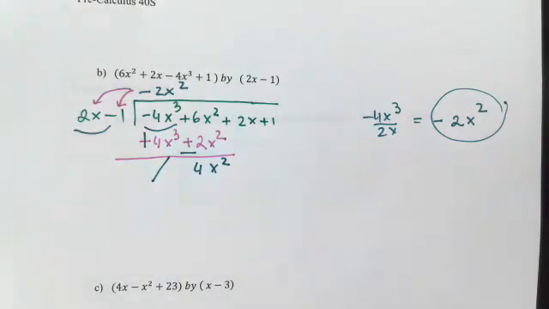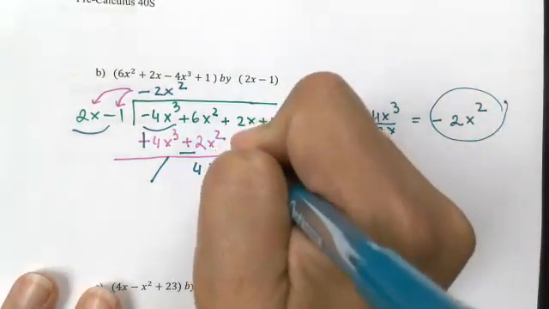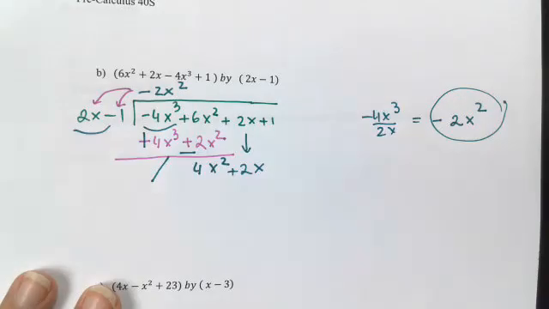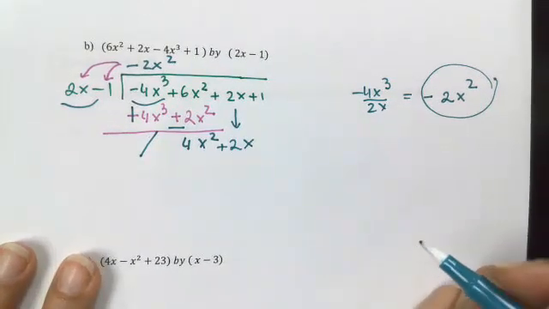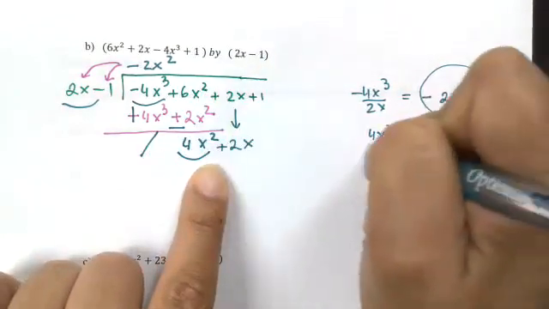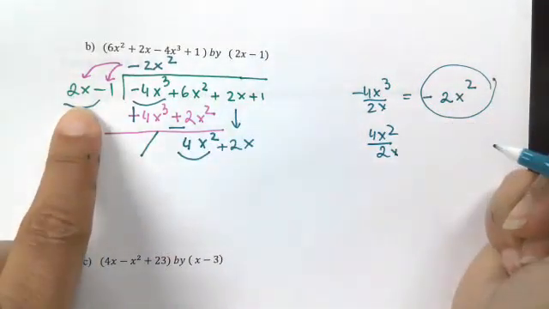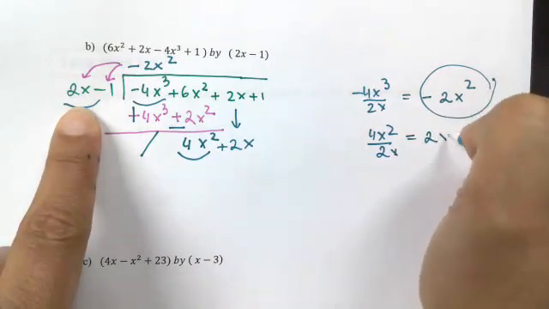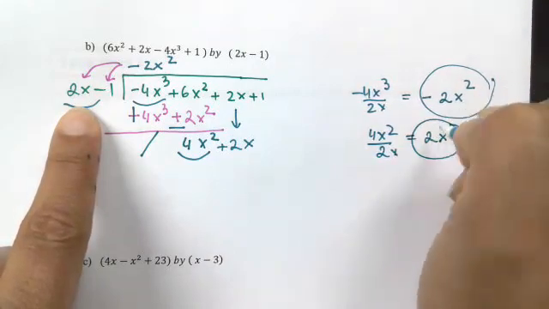It's still subtract vertically, but a little bit faster. Let's drop plus 2x and repeat. 4x squared from here divided by 2x from here equals 2x. Where does this one go?